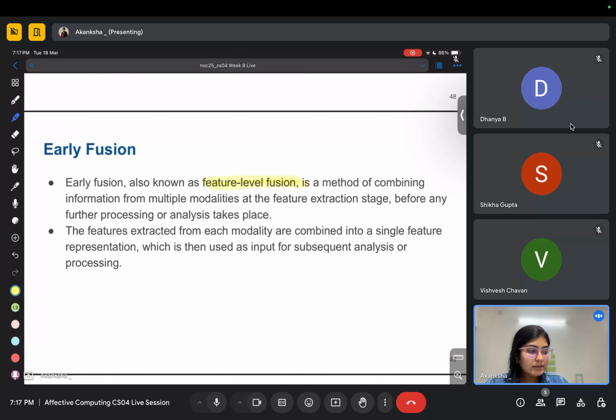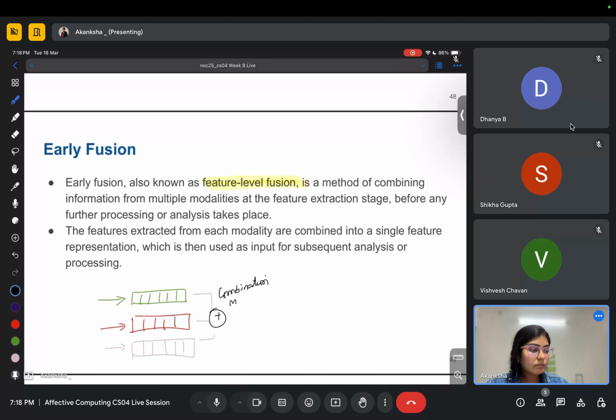Now the techniques are early fusion. Early fusion means, from one modality you have these features, and from the other modality you have these features, and let's say a third modality is also there, and then you have some kind of combination mechanism, and then you have combined features.